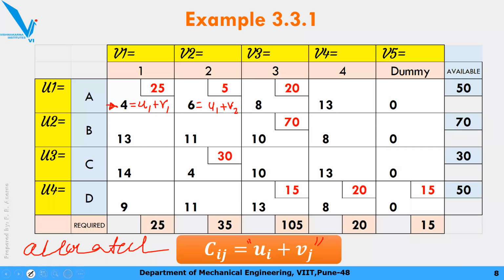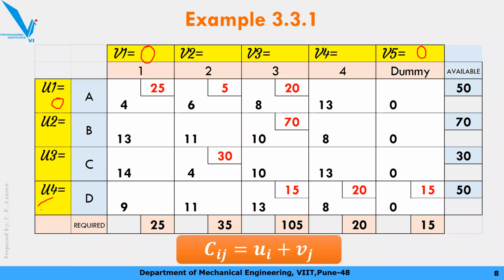Take any one value as 0, it's your choice, it doesn't matter. You can put v1 equal to 0 or u1 equal to 0 or v5 equal to 0 or u4 equal to 0. Put any one value as 0 and then do the calculation. What I'll do, I'll go with the first value, u1 equal to 0.